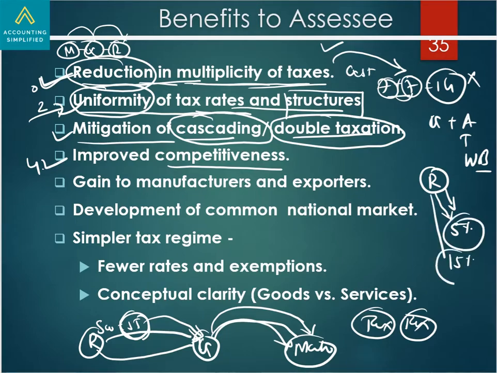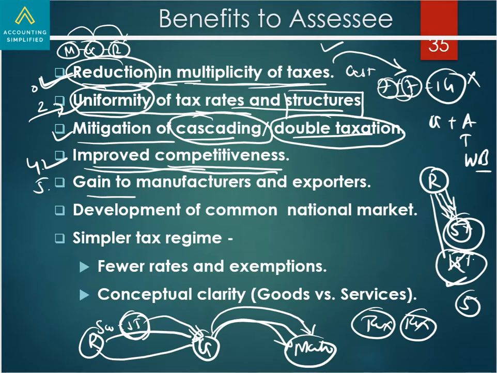Now tell me, the goods of a Gujarati person, their cost will be very high because the tax rate is high. So now what has happened? If the rate applicable to a Rajasthan person is 5%, the same rate is applicable to Gujarat people, right? That's why there is an improvement in competitiveness. It means that now it's an open market, you can compete with any competitor across the country.